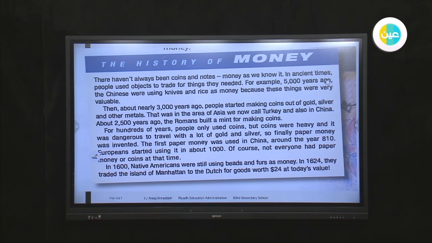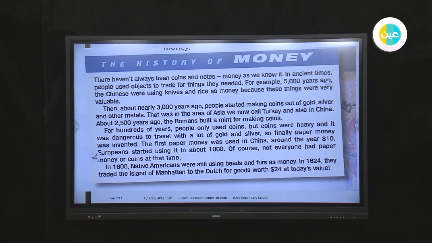Then, nearly 3,000 years ago, people started making coins out of gold, silver, and other metals. That was in the area of Asia we now call Turkey, and also in China about 2,500 years ago.